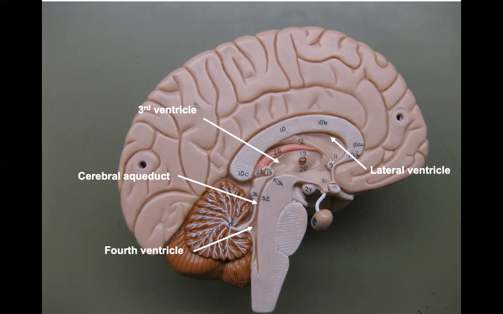These ventricles are basically cavities, and it starts with the lateral ventricle right here. The third ventricle runs within the space of your thalamus between the two hemispheres. This opening you see right at the center is your cerebral aqueduct, which transfers the CSF, or cerebrospinal fluid, from the third ventricle down to this little triangular structure you see, which is your fourth ventricle.